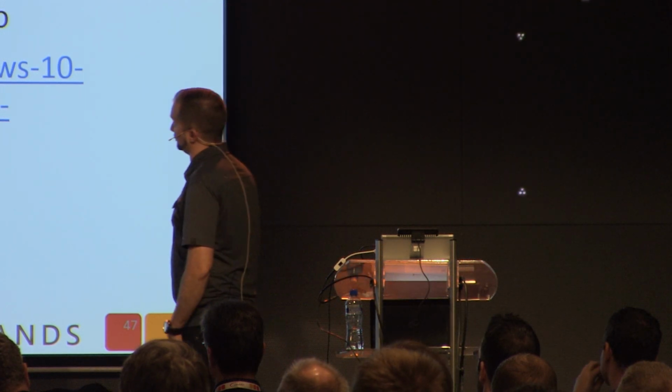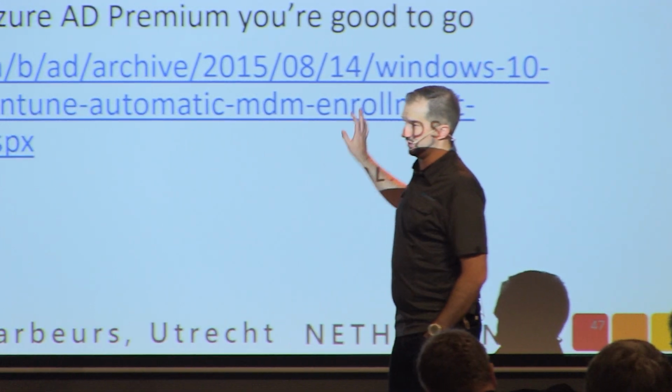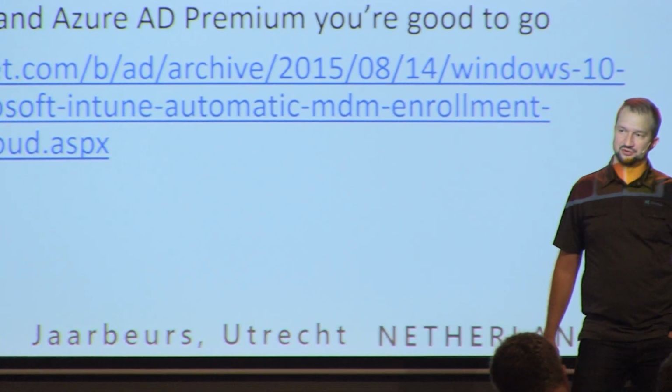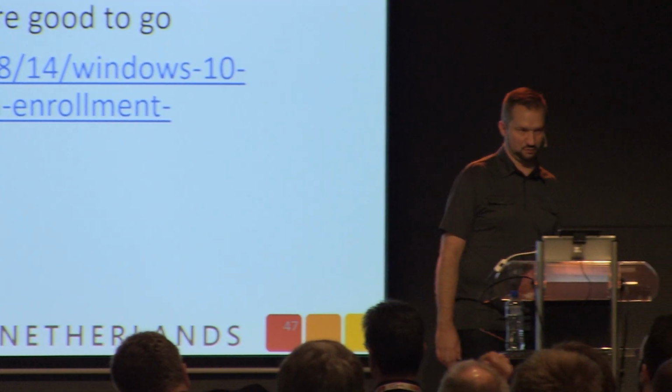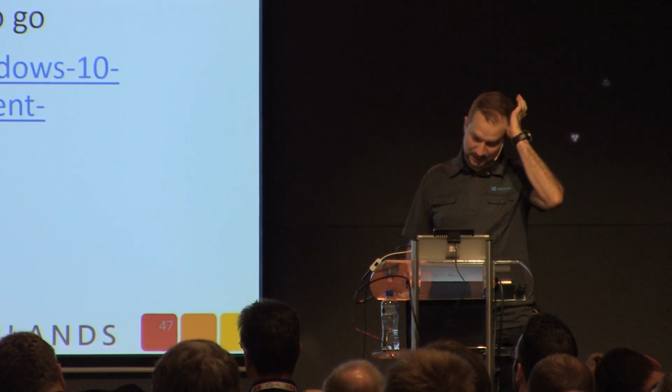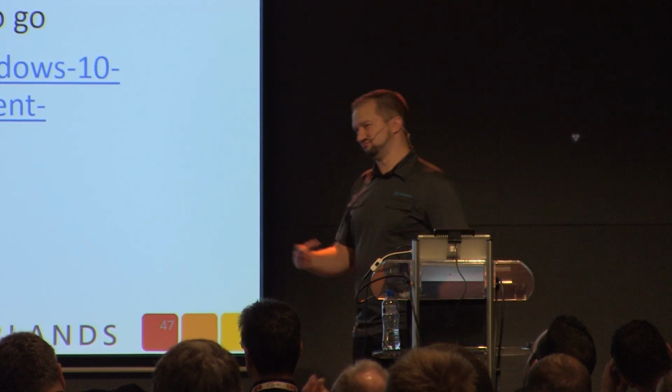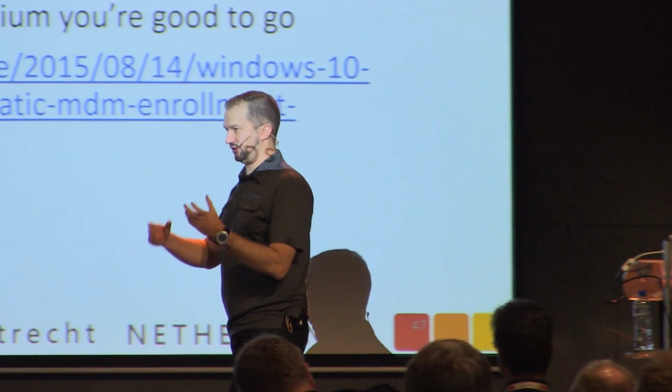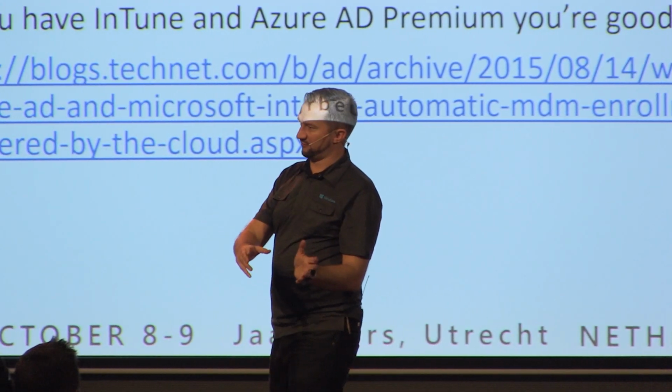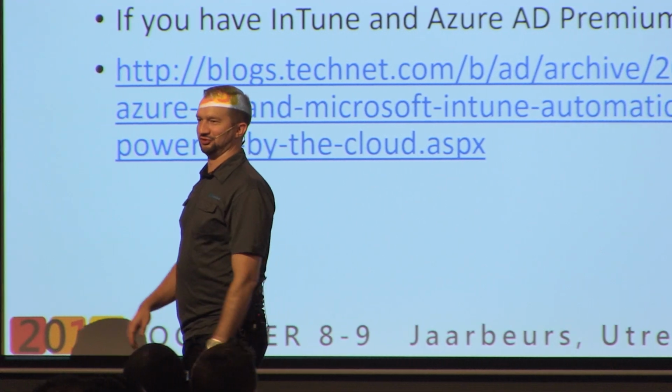You can also have computers automatically enroll to Intune from Azure AD joined, but then you need a premium version of Azure AD, which costs you a bit more money. But it can be done. That starts to be quite cool in fast scenarios where you get a user, you need to enroll them for your company for a few months, for example. So why not?